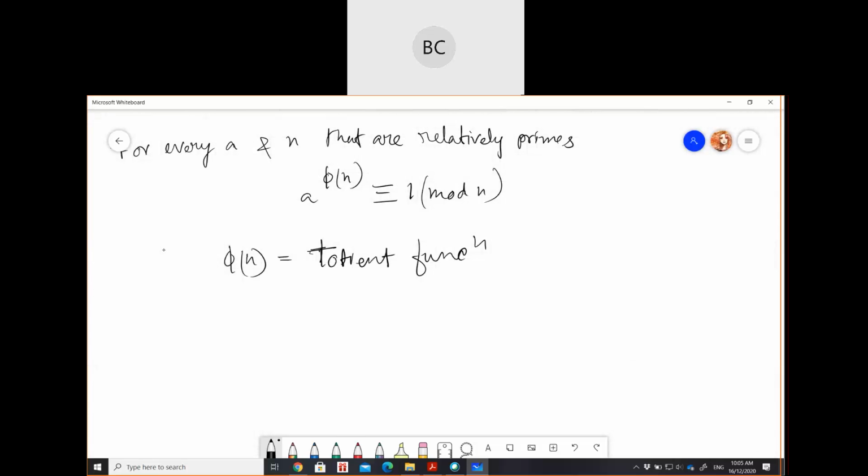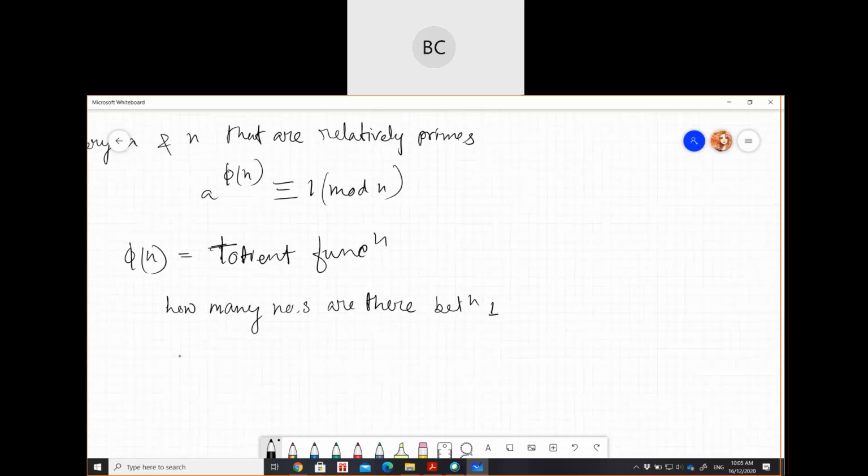It's how many numbers there are between 1 and n minus 1 that are relatively prime to n.